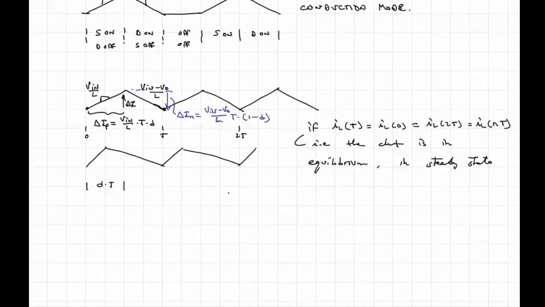We would say this happens in steady state, when delta IP plus delta IN is equal to 0.